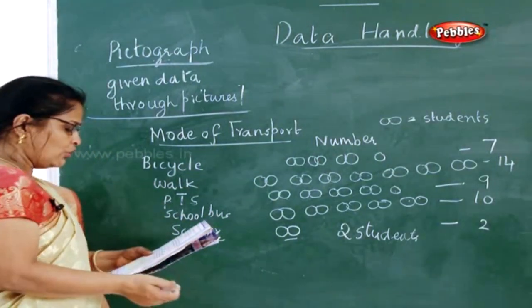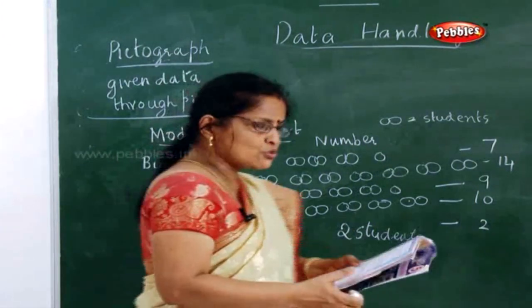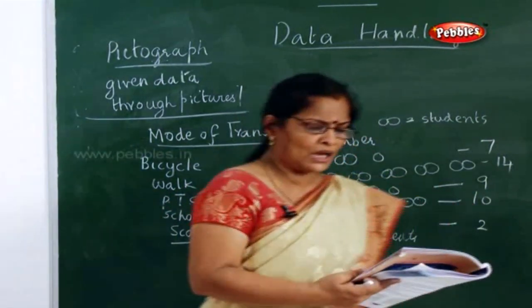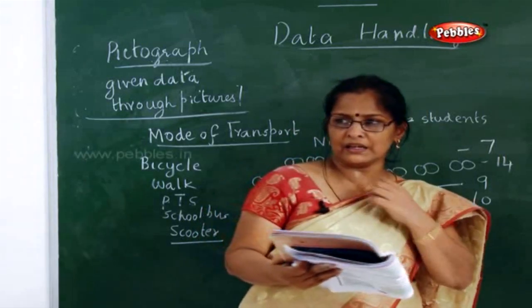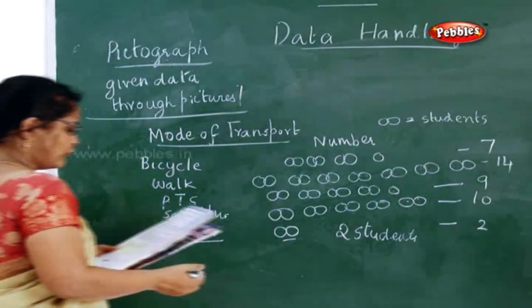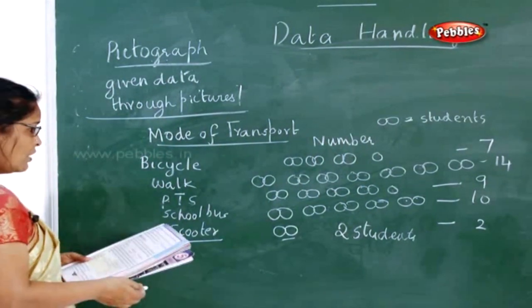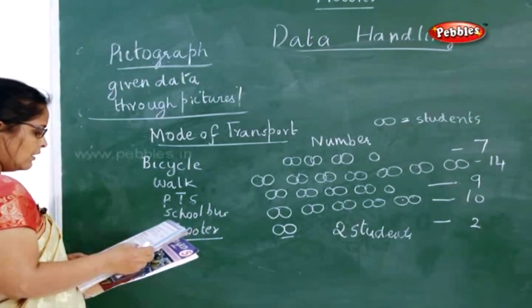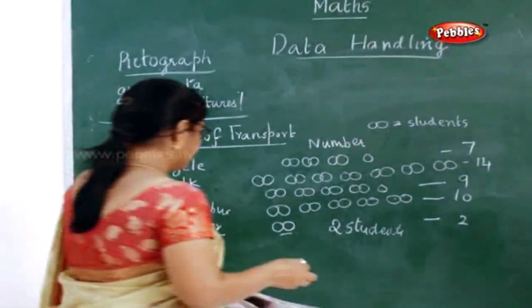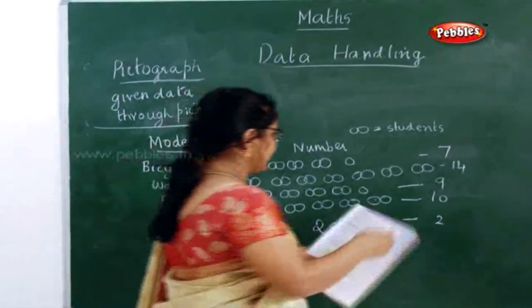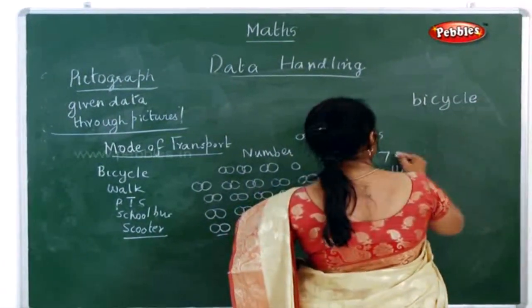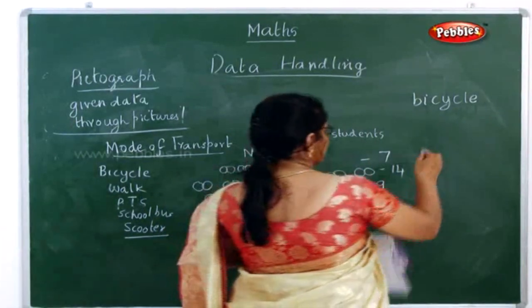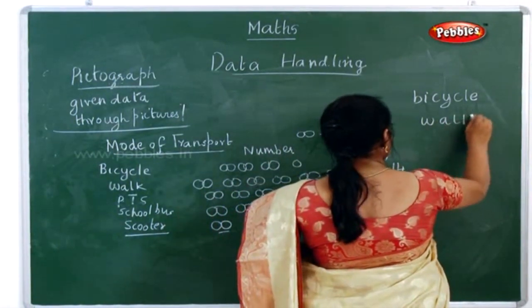So, now what you have to do? You have to write the number of students who come by bicycle. I'm sorry, who come by bicycle is half the number of students who come by walking.